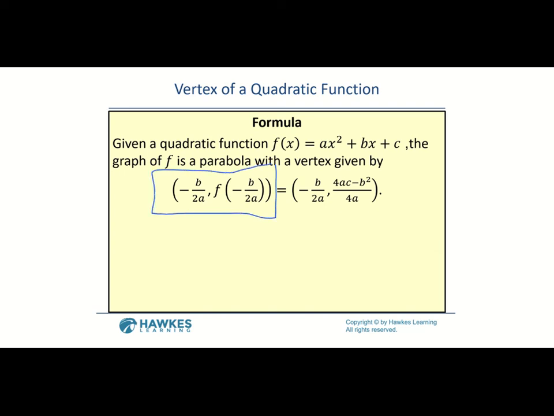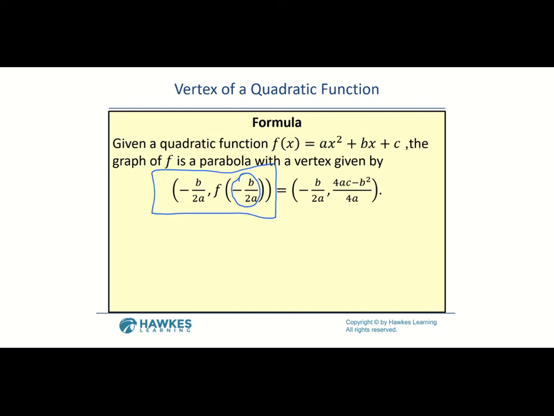For the h value, we do the opposite of b divided by 2a. Then to find the k value, you take whatever value you get for h and plug it into your function, so it's f of whatever that number is.